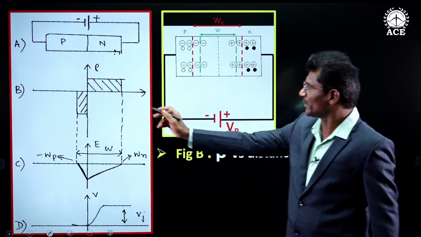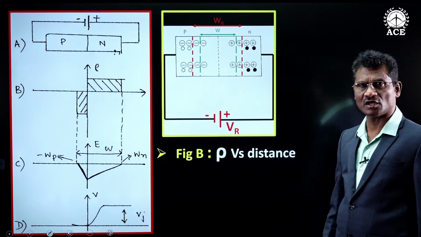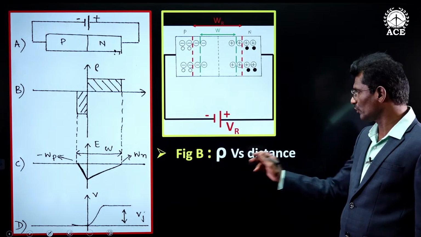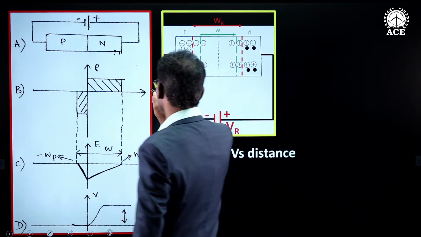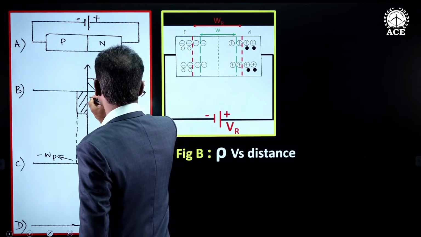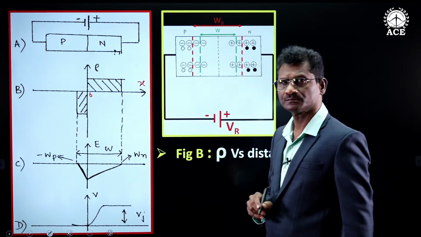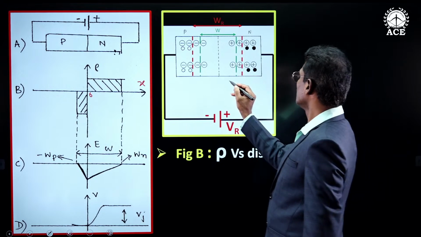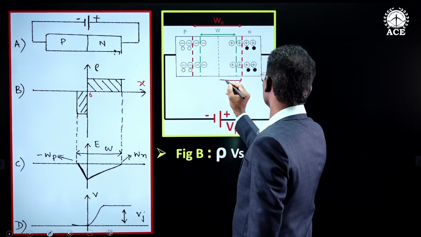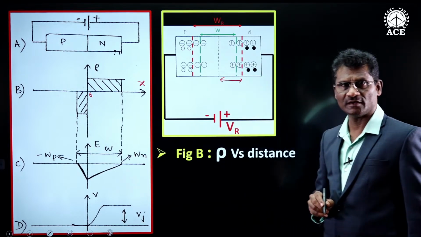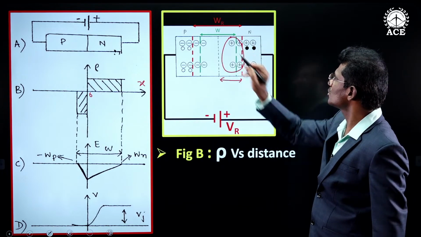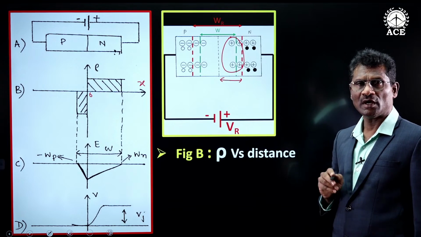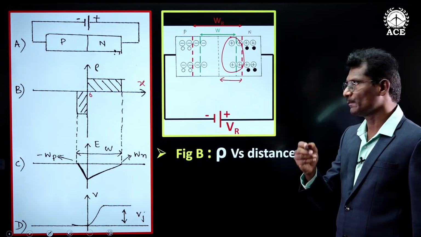And this figure B shows variation of charge density rho with distance. This x-axis is distance and this is the origin point. In N side depletion region, we have positively charged donor ions, and hence charge density will be positive.